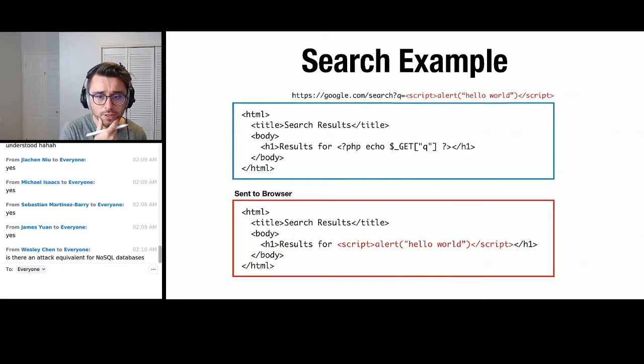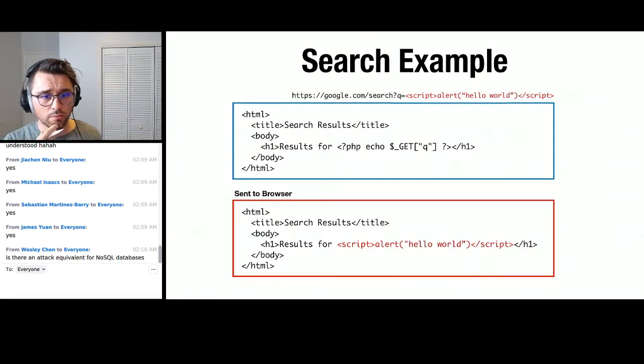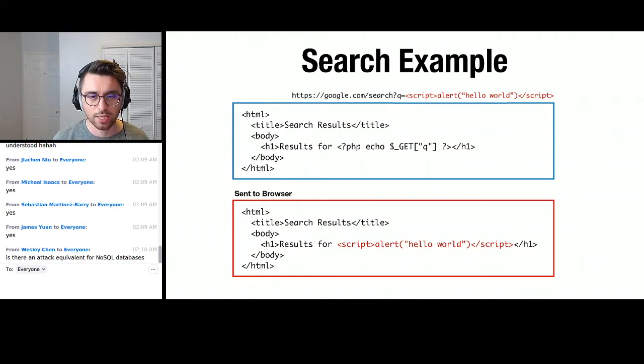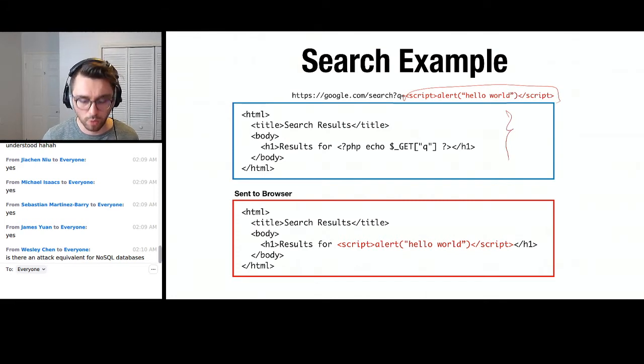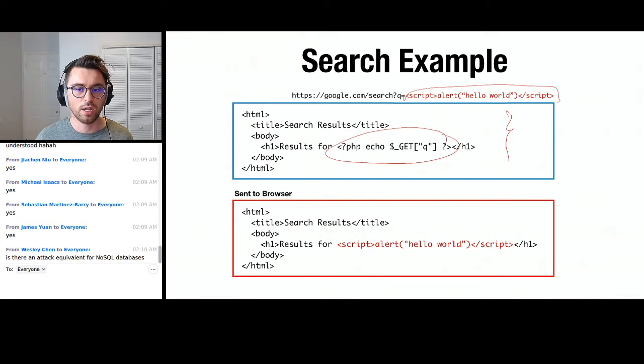Now things get a little bit more interesting, where maybe one thing that I want to do is create a URL that has a query string that has essentially HTML that itself contains a script element that all it would do is print out hello world. Now, if Google wasn't good at security, one of the things they might do is implement their server-side code in this particular way, so it would just echo back the thing that was provided as a query.